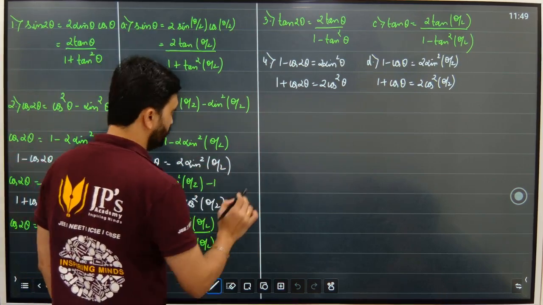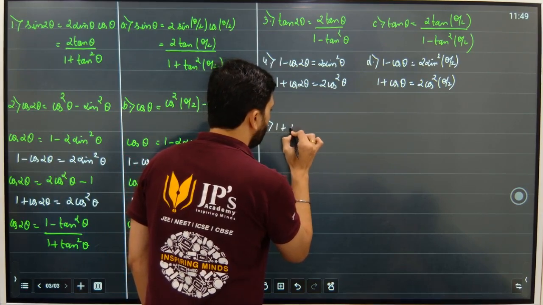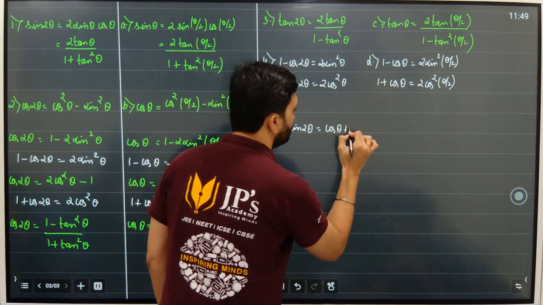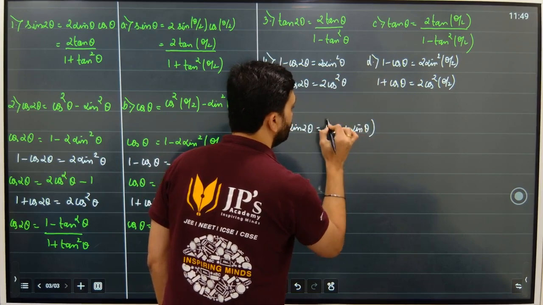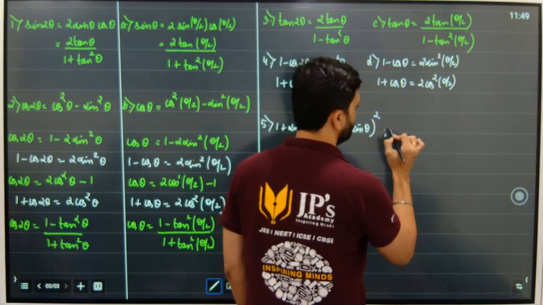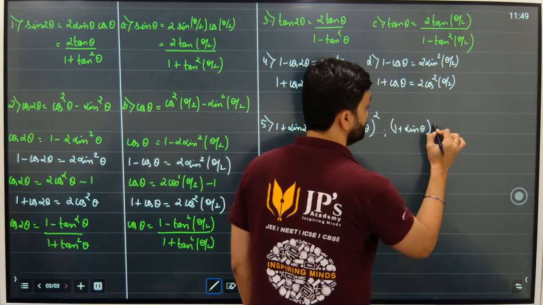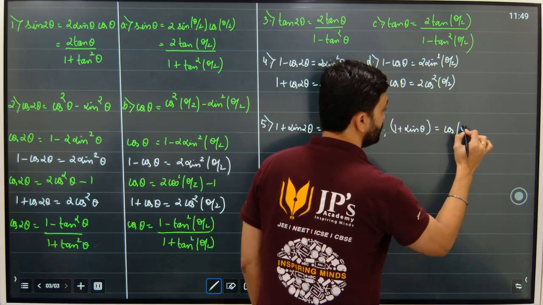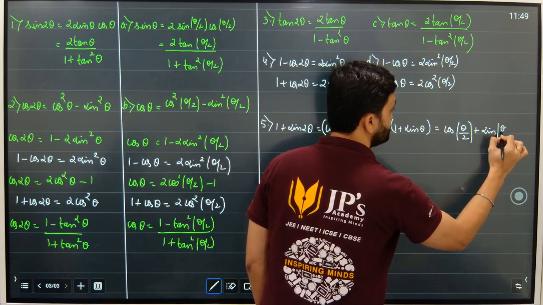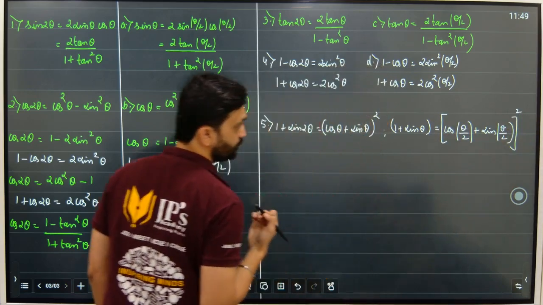Okay, the fifth set of formula. 1 plus sin 2 theta is equal to cos theta plus sin theta the whole square. And I can write 1 plus sin theta, half angle guys, is equal to cos theta by 2 plus sin theta by 2 the whole square.